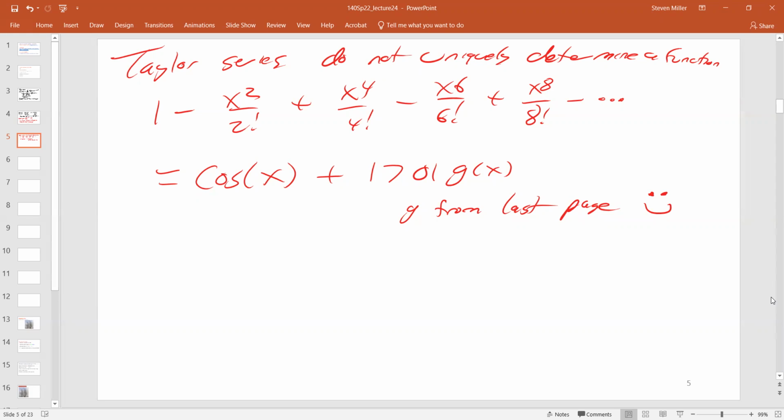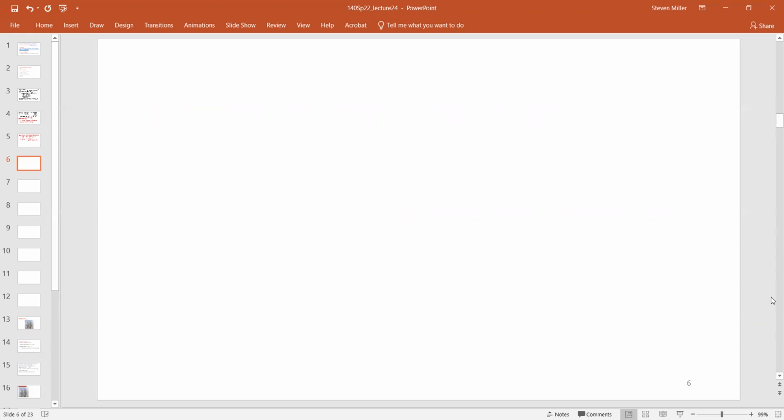We're not going to get into this, but I want you to at least be aware of such issues. So now if I give you a function, it's just a matter of doing some derivatives to find the Taylor series, and then using our tests to determine whether or not the series converges, and if so, for what region. Okay, so now let's talk about error analysis.